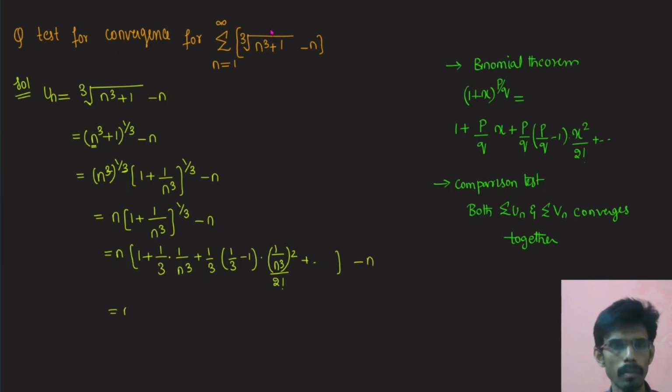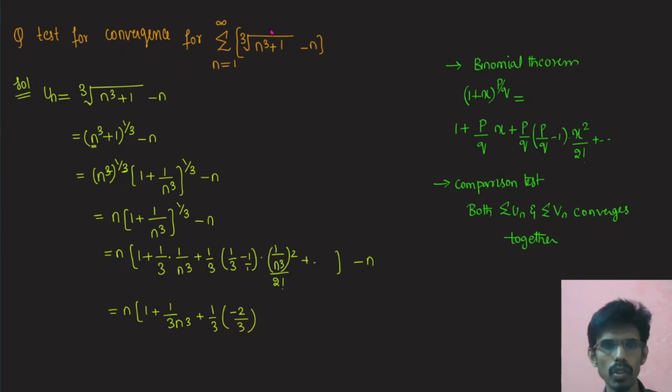So this will become n into 1 plus 1 by 3n cube plus 1 by 3. Taking LCM, 1 minus 3 will be minus 2 by 3, and with 1 by 2 factorial, 1 by n power of 6, and so on.